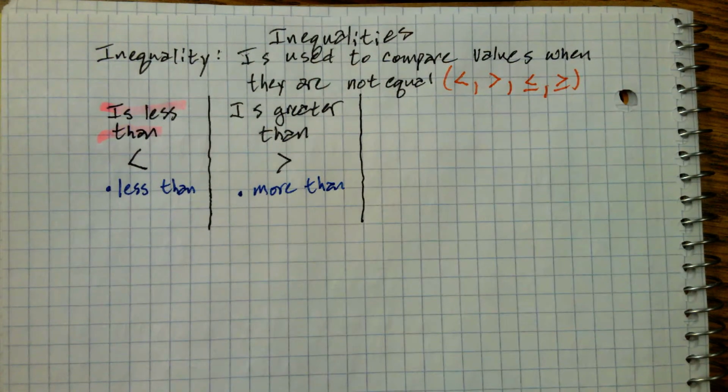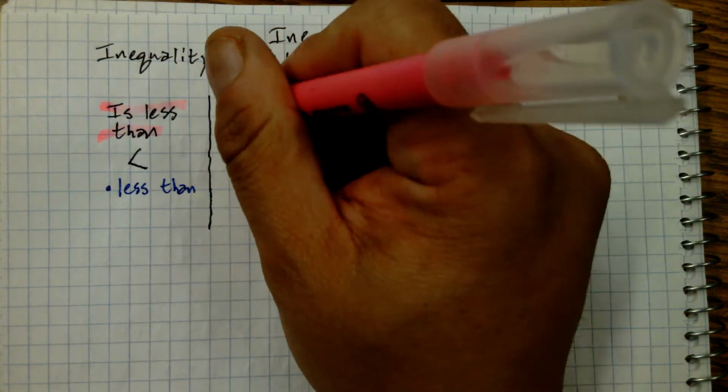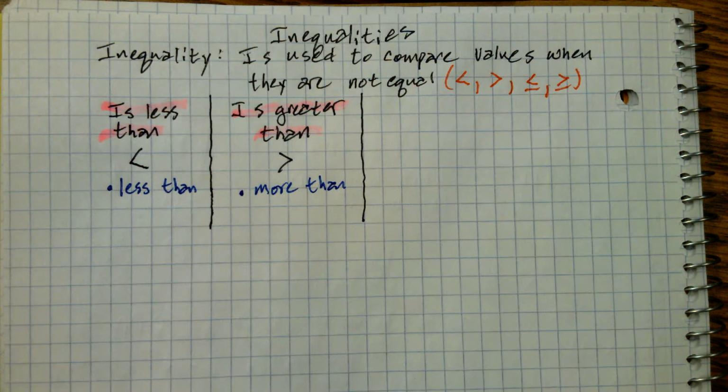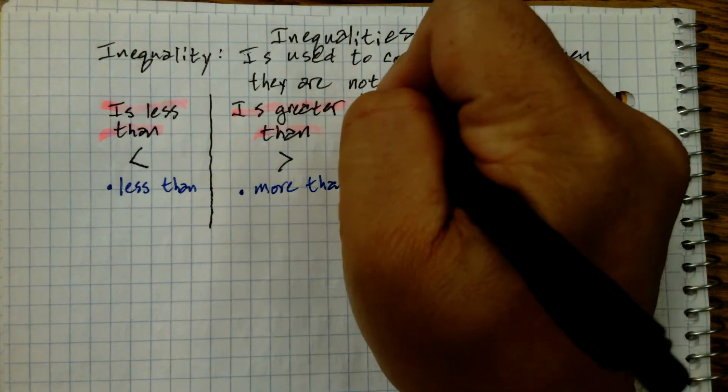What else do we have? Anybody know? We have is less than, is greater than, the equal to ones, which are actually more useful. So we have is less than or equal to.